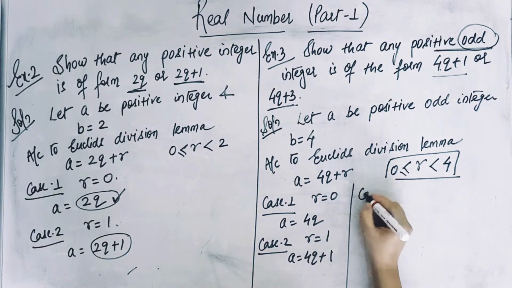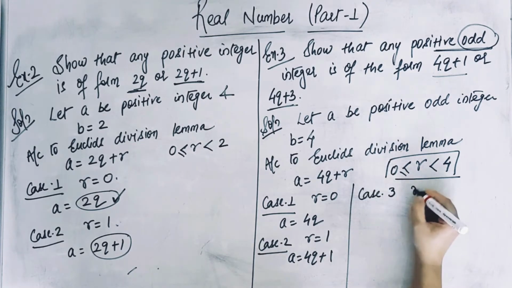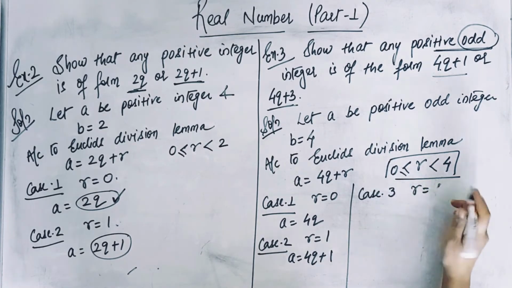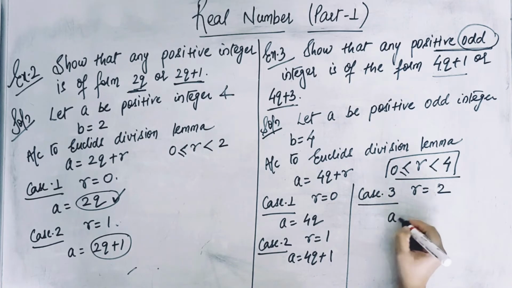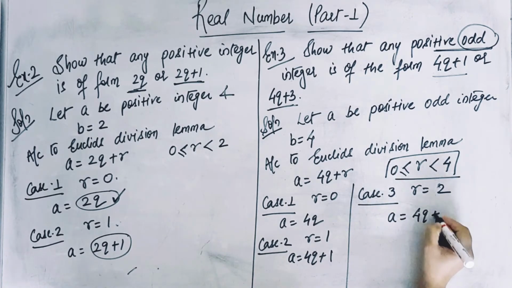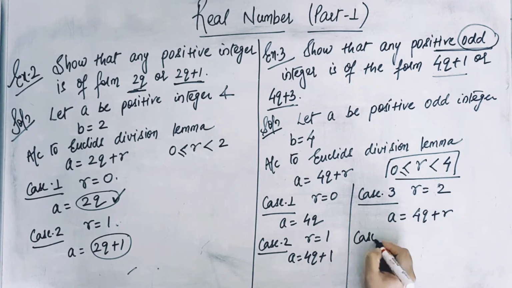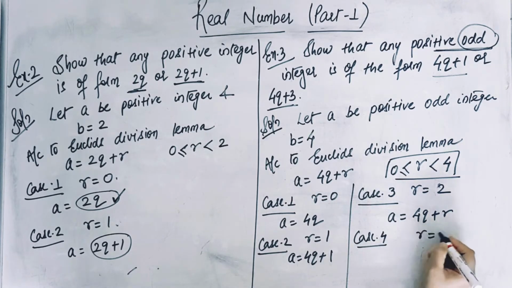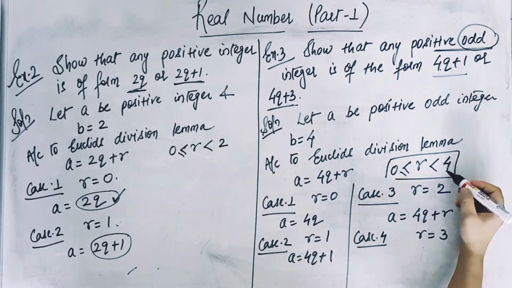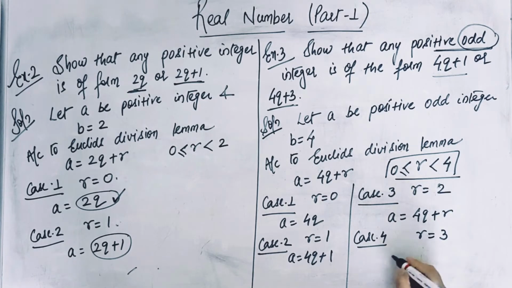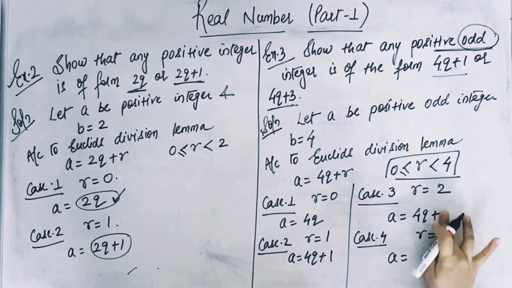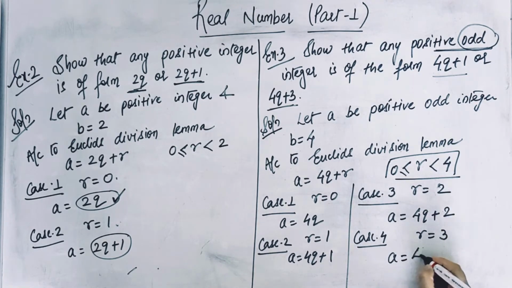Similarly, case 3, when r is 2, a in this case will be 4q plus 2, and case 4 is r equal to 3, because r should be less than 4 only. So here a will be 4q plus 3.